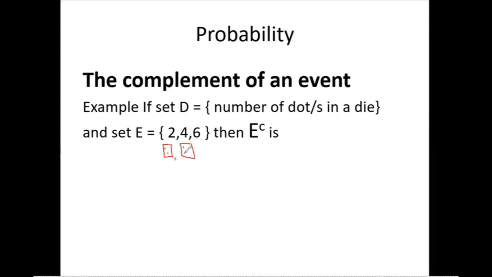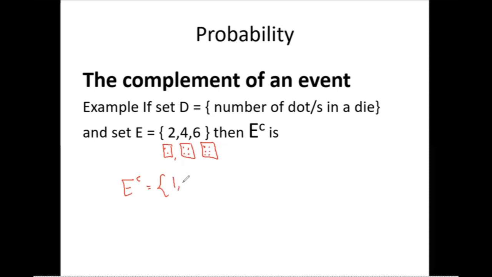Ngayon, pag kinuha natin yung E complement, ibig sabihin ang magiging E complement natin ay yung wala sa set E pero nandun sa totality or dun sa set D.